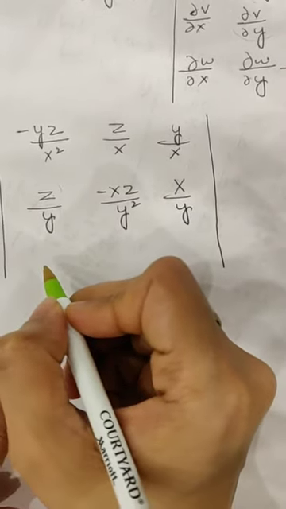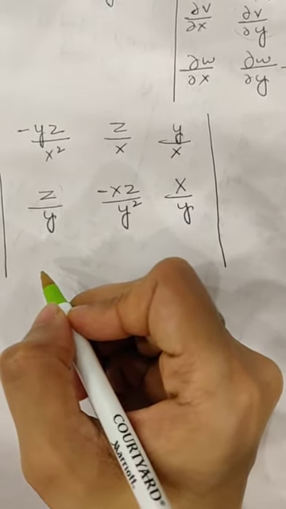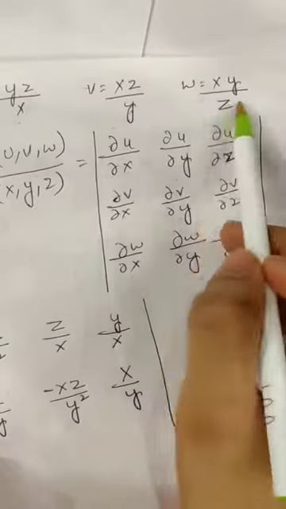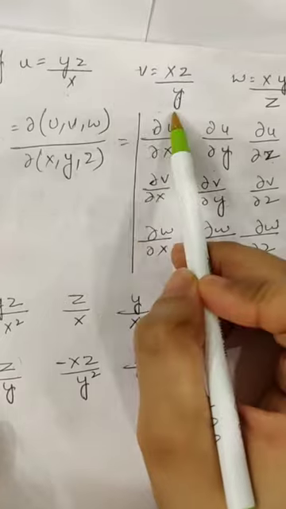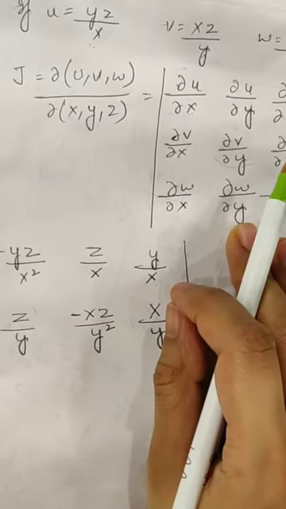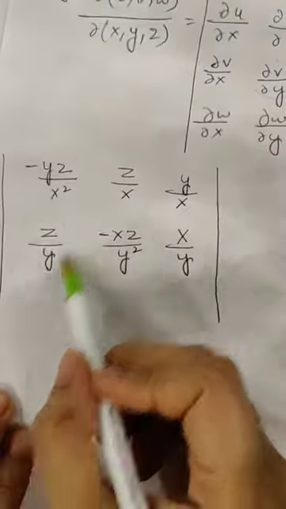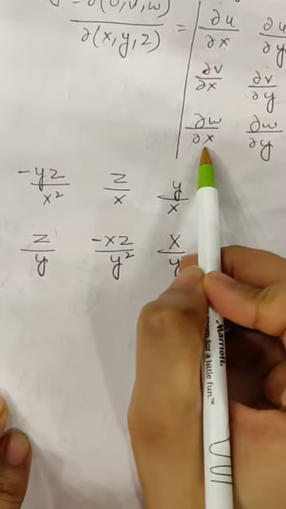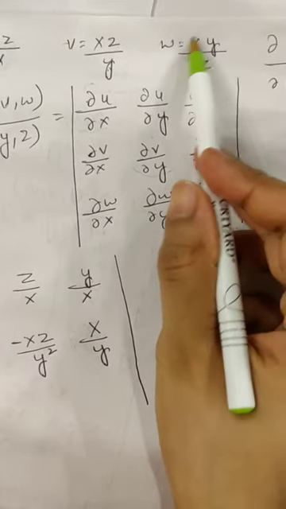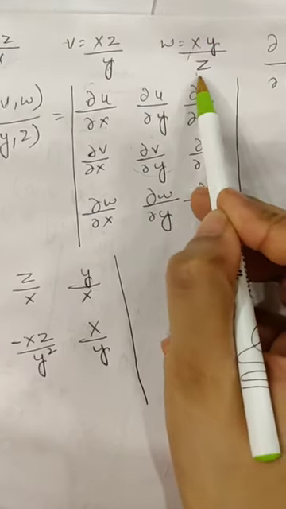Similarly, for the third row, I would suggest you note down the values of u, v and w somewhere in your rough register and do the question along with me so that you gain more interest in it. Differentiating w with respect to x: w is xy by z, so this becomes y by z.